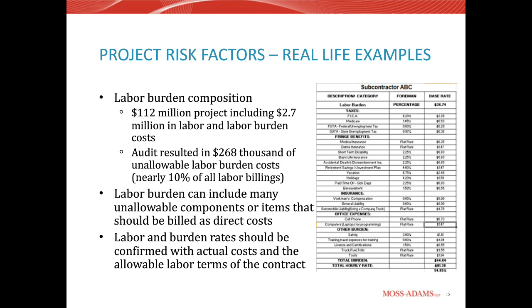The labor burden rates should be confirmed with actual cost, where you can do that. I know with subcontracts that can be a little bit more difficult, especially if you have a lump sum subcontractor. But what you can do as an owner or as a general contractor is request at the beginning of the job, when a project is bid out, that labor rates and their breakdowns be provided as part of the bid.